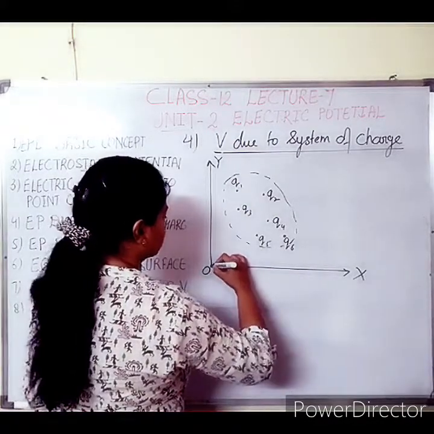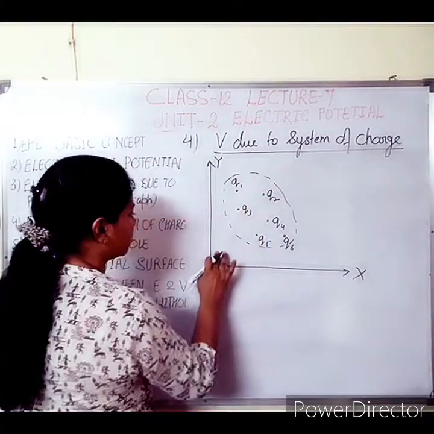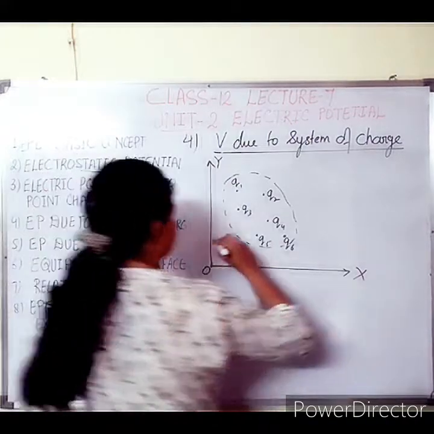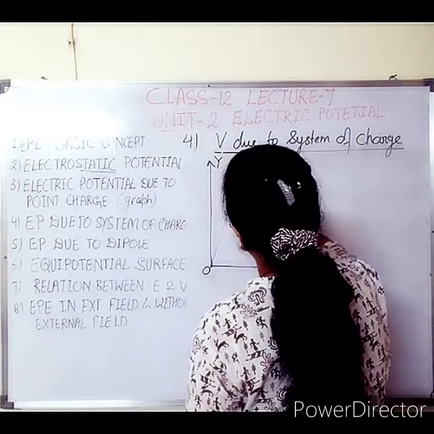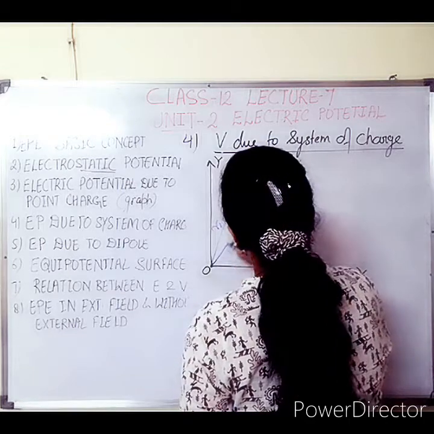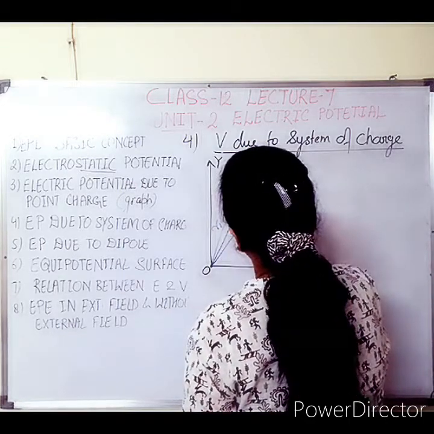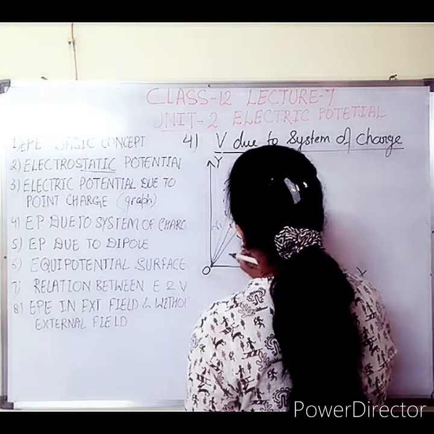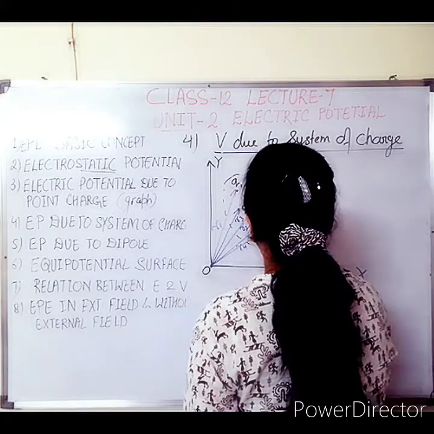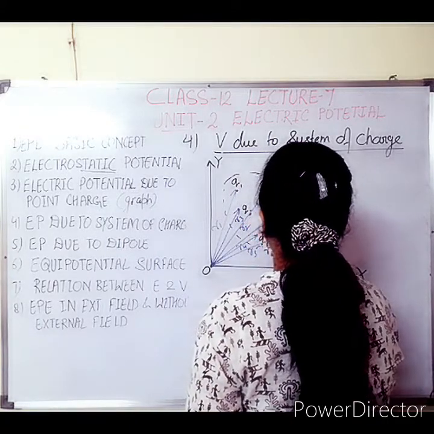So take the position vector of charge 1 as R1, position vector of charge 2 as R2, charge 3 as R3, charge 4 as R4, charge 5 as R5, charge 6 as R6.